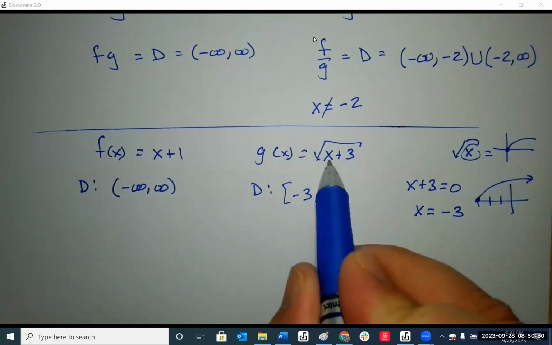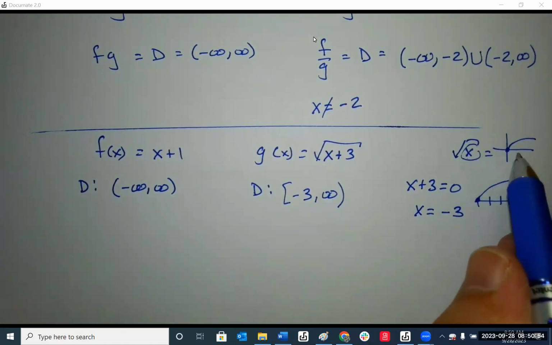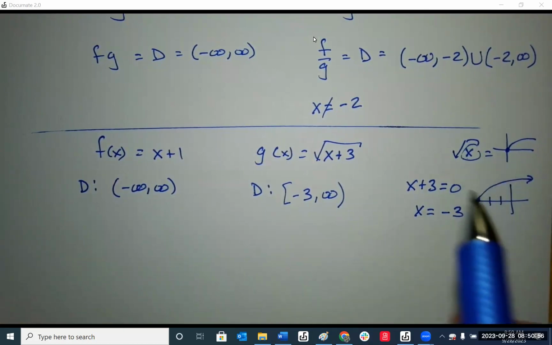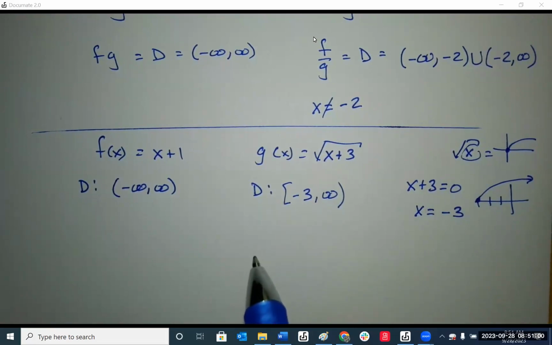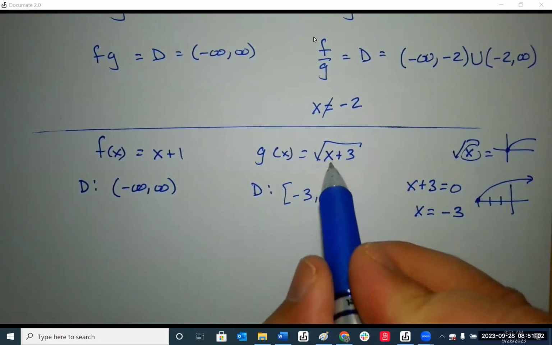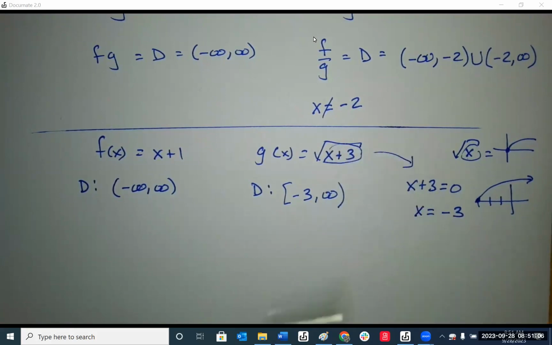Because if we put -3 in there, -3 plus 3 is 0, and we can have 0 in there. If we put -2 plus 3, it's positive 1, so we're okay. So whatever you have inside here, just set it equal to 0, and that'll tell you where you start.